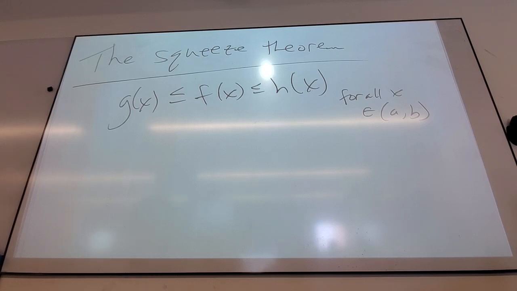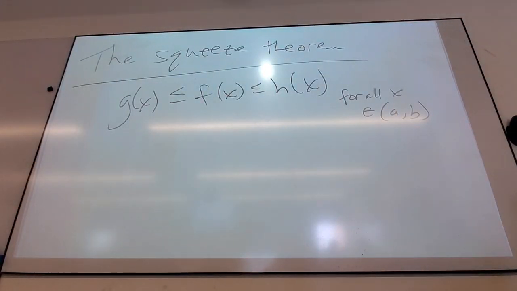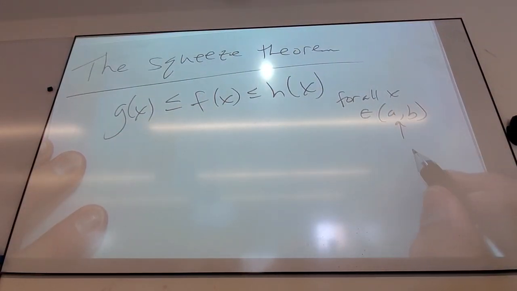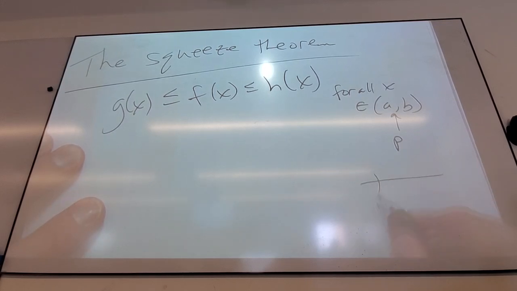So like if g of 3 is 2 and h of 3 is 3, then f of 3 could be 2.5. Or it could be 2 or it could be 3. It's got to be between 2 and 3, yes? Is that cool? Keep going. So what if I want to know for something in a to b, let's say P. Here I have a to b, and P is just some number between, yes?